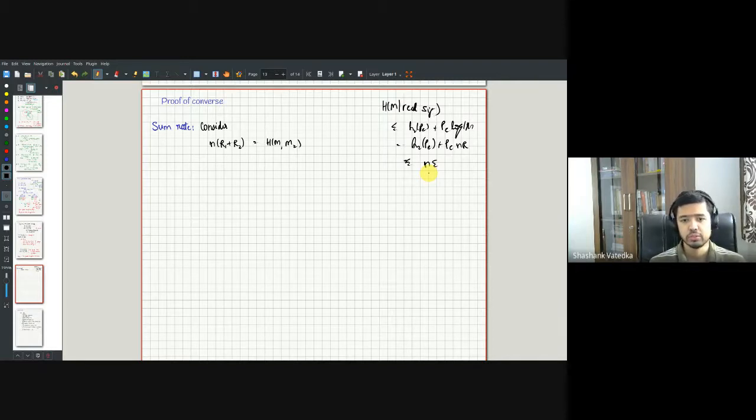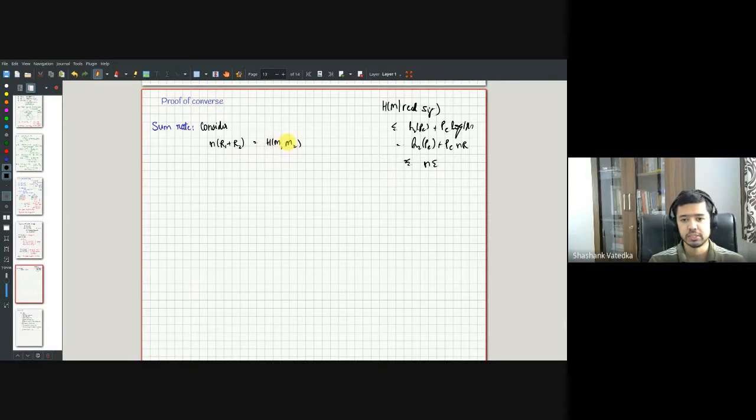The first step is always to start with n times the rate that you're interested in, and somehow bring in a term which involves the entropy of the message given the received sequence. So we have n times R1 plus R2, which is just equal to the joint entropy of the two messages M1 and M2.